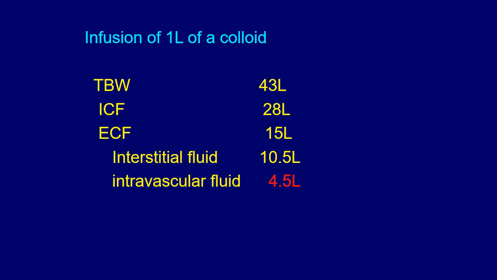Extracellular fluid will increase to 15 liters. However, since this colloid solution has large osmotically active particles which do not easily go through the vascular membrane, they will remain in the intravascular compartment and expand the intravascular fluid by 1 liter, hence 3.5 liters would become 4.5 liters, and interstitial fluid volume would not change.